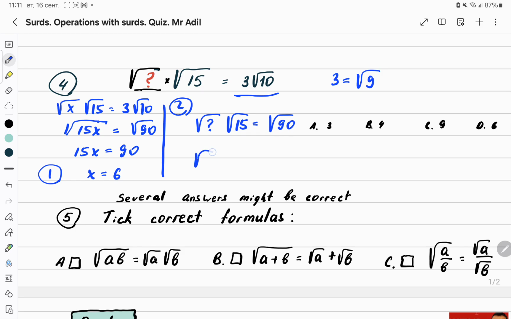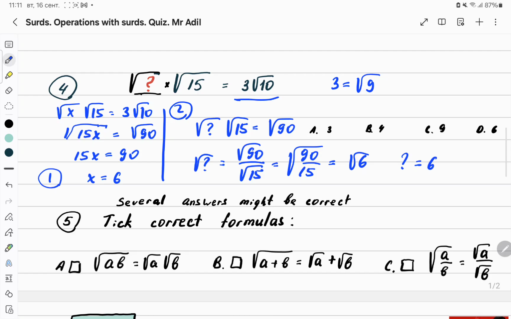Now we can divide. Square root of 90 divided by square root of 15 is square root of 6, and that's why our question mark is 6. So any approach will give you 6 as the answer. So the answer is D.